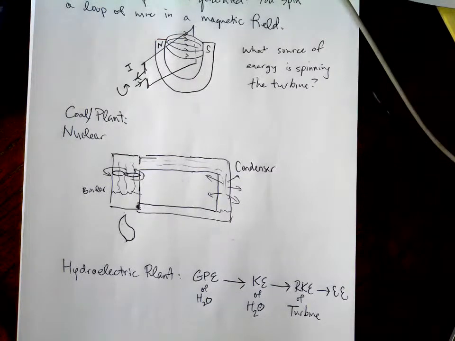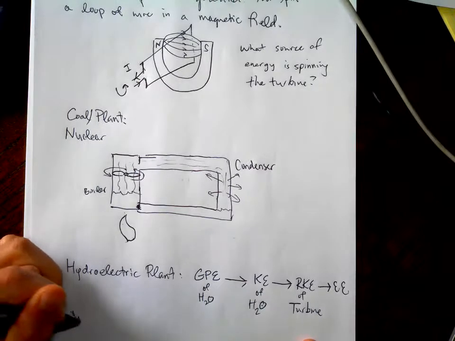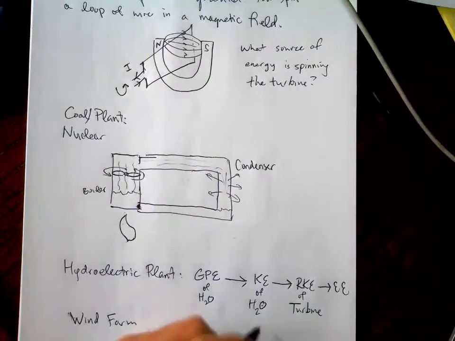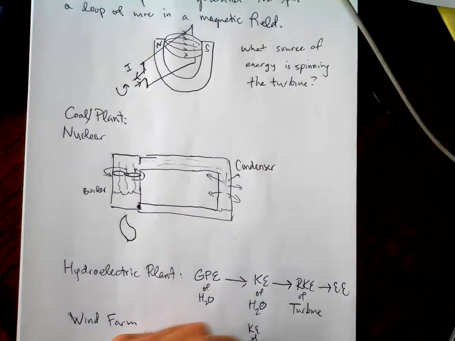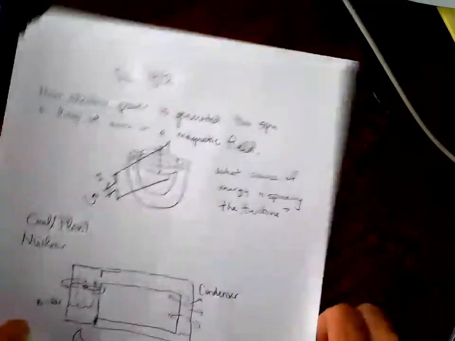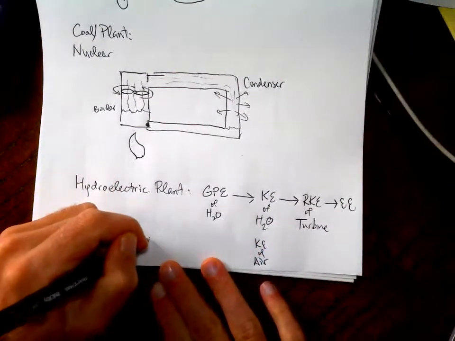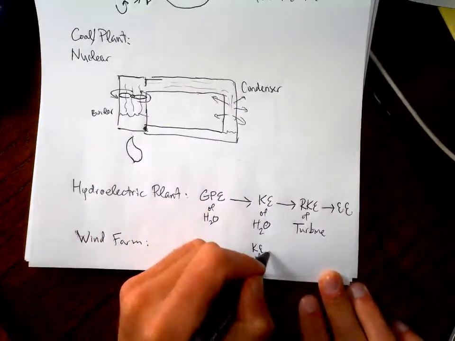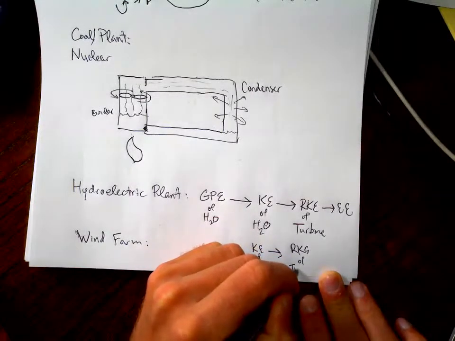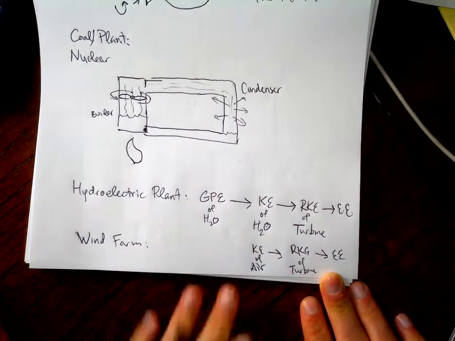For a wind farm, you have the kinetic energy of the air, which becomes rotational kinetic energy of the turbine, which becomes electrical energy.